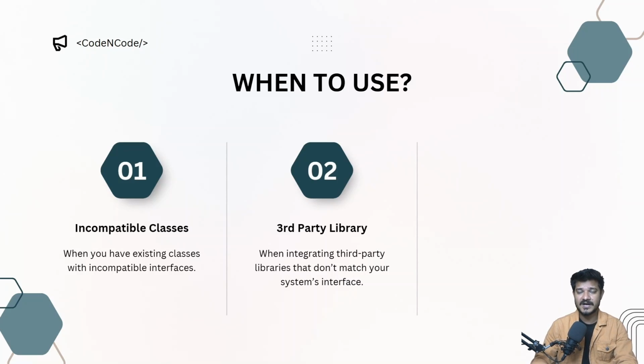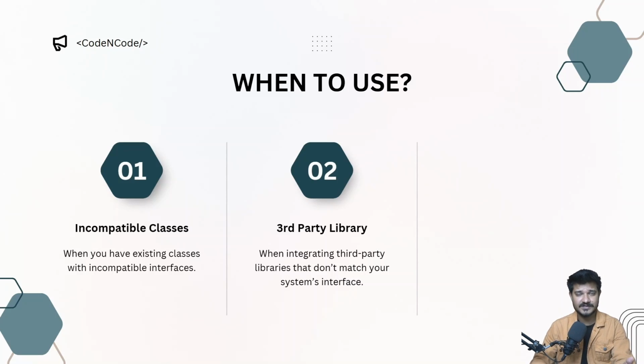But now you want to add another library, let's say for monitoring purposes, but that library expects data in JSON format. Your application has data in XML format, but the new library expects JSON, an incompatible type.